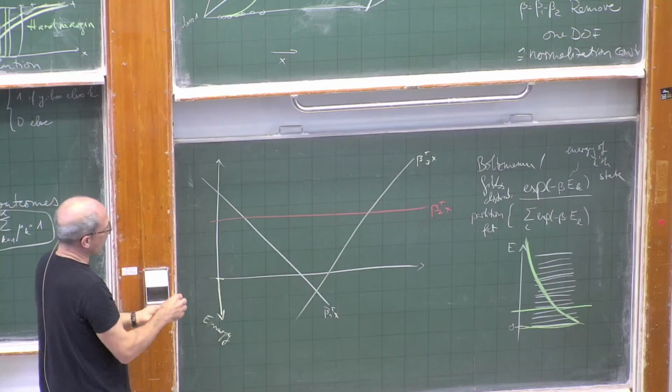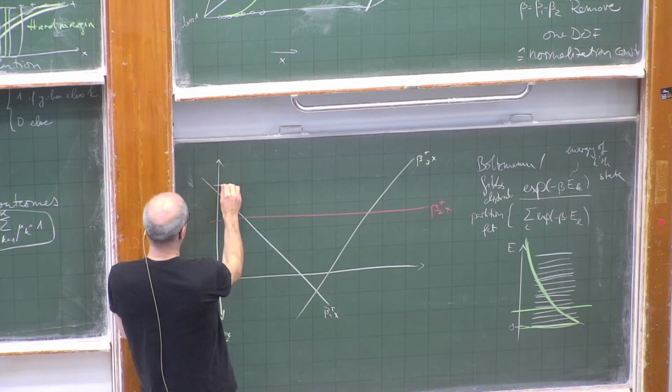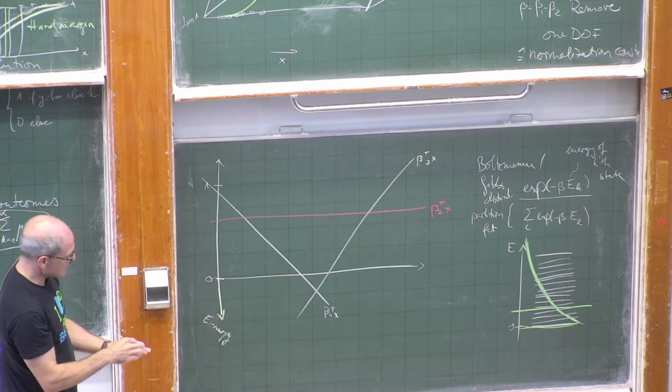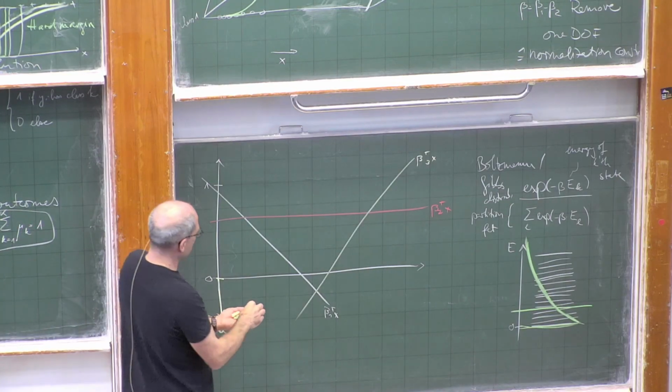And if I now plug these into my formula, I'm going to get posterior probabilities which look like so.